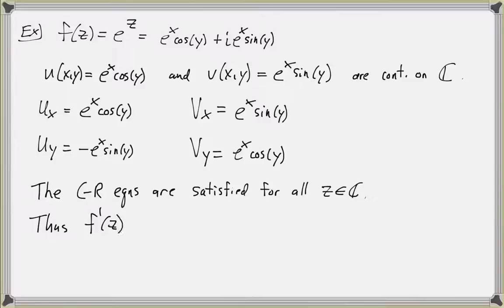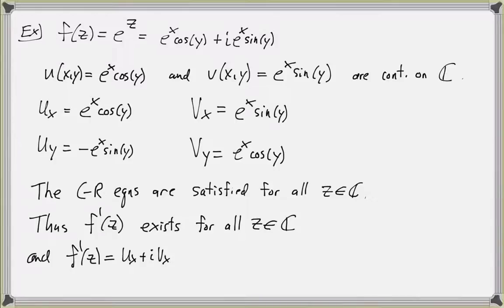Thus, the derivative of e to the z exists for all complex z, and the derivative equals the derivative of u with respect to x plus i times the derivative of v with respect to x, which equals e to the x cosine of y plus i times e to the x sine of y, but this is exactly e to the z.